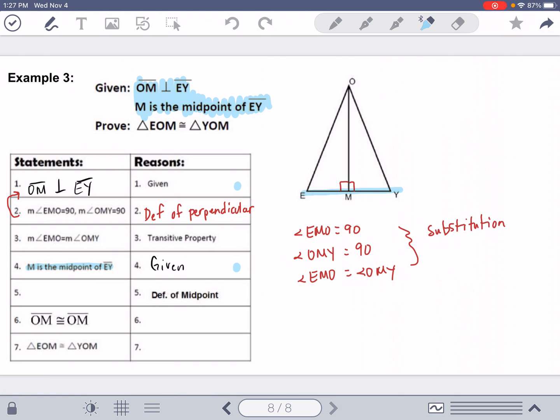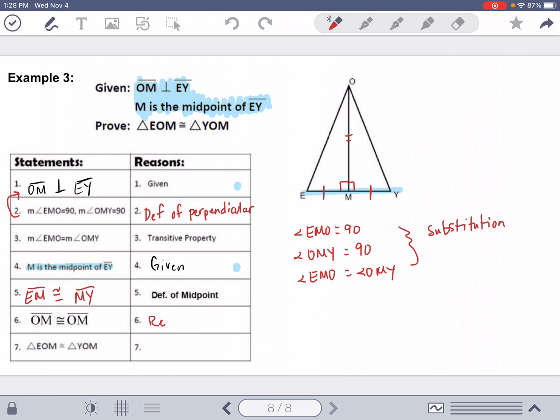Definition of midpoint. So if M is in the middle of EY, then that would mean that EM is congruent to MY. So let's write that here. EM is congruent to MY. OM is congruent to OM.